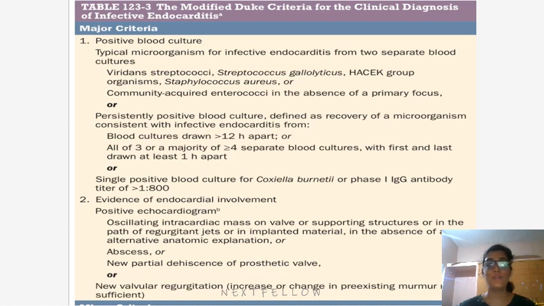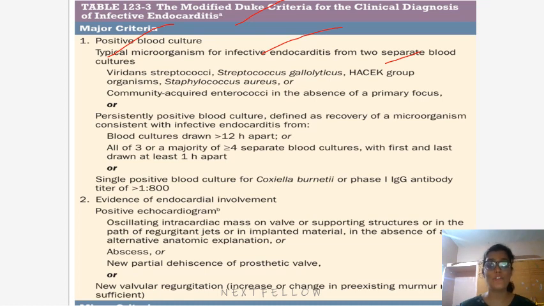Coming to the modified Duke's criteria for clinical diagnosis of infective endocarditis, I'll just brush through the important points. Positive culture typical for infective endocarditis on two separate blood cultures: Viridans streptococci, Streptococcus gallolyticus, HACEK group, and Staphylococcus aureus, or in community-acquired, enterococci.